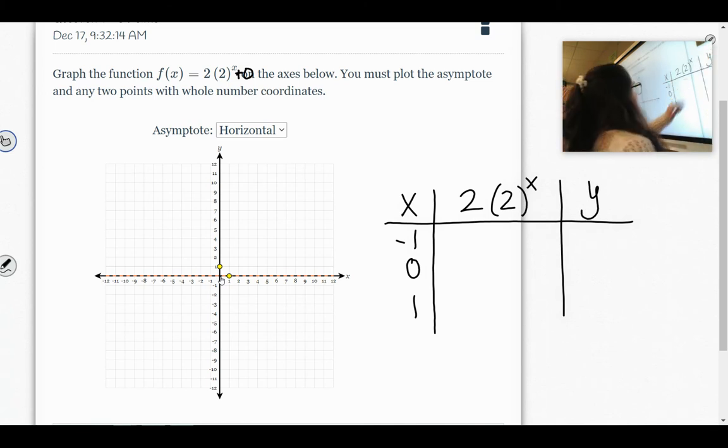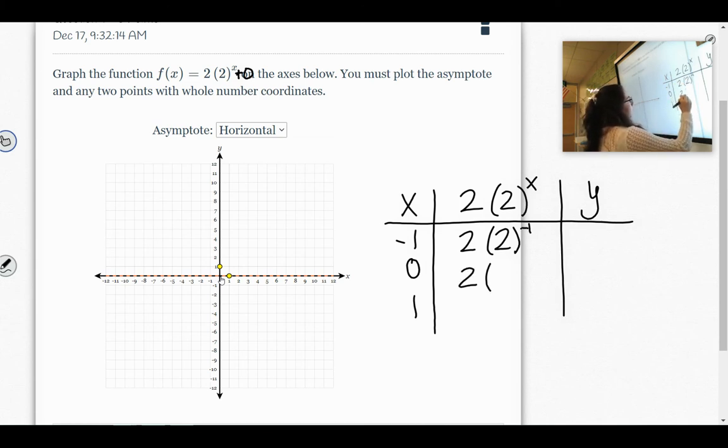When I plug in -1 for x, I have 2 times 2 to the -1. 0 is 2 times 2 to the 0, and 1 gives us 2 times 2 to the 1.